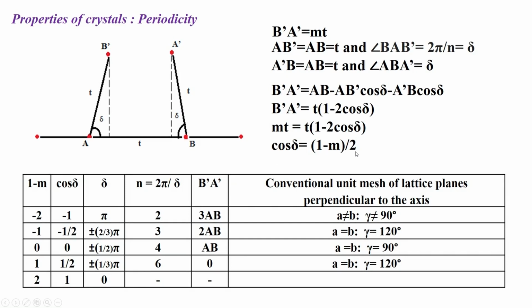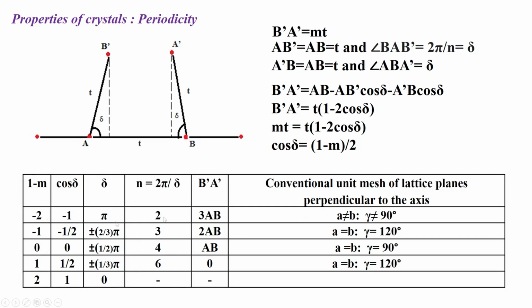We all know the property of a cosine function, which is an oscillatory function, and the values corresponding to (1 minus m) divided by 2 are therefore restricted. The restriction on m is that it will be between minus 2 and plus 2. So, m cannot take any value other than minus 2, minus 1, 0, 1 and 2, representing different types of rotation axis.